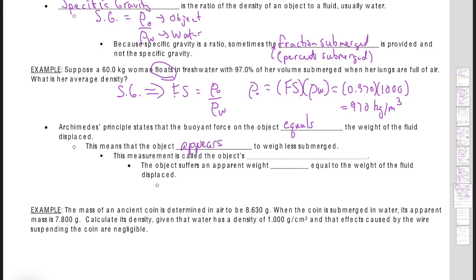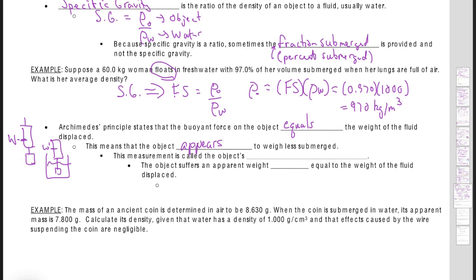If I took an object and hung it from a spring scale, it would have one weight here, but if I put it into the water, it would have a different weight, because the buoyant force is providing an upward force, which gives something called apparent weight, which we talked about way back with elevators, where we can find the density, the volume, and everything, just like we did before.